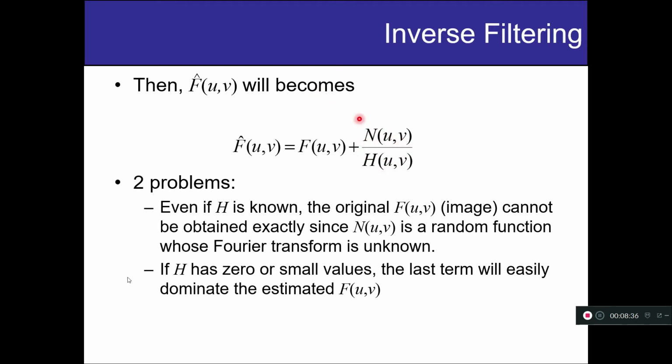That means this thing dominates this expression. So in order to avoid that, you must make sure that your H value is very large, or is not close to 0 or a very small value.